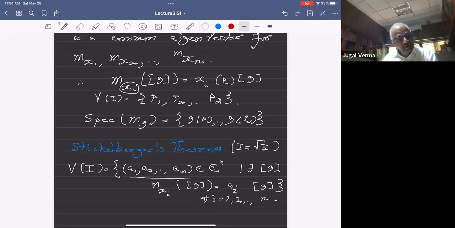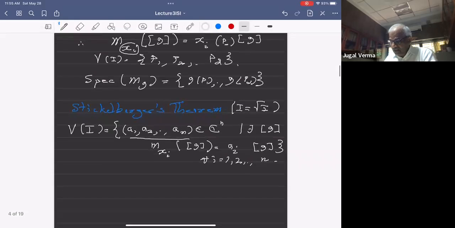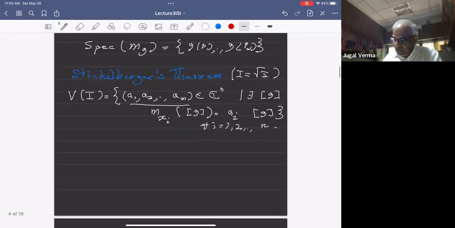If your ideal is not a radical ideal, some solutions will occur with multiplicity, and one can calculate that multiplicity algebraically also. Once I know the solution, one can calculate the multiplicity, how often it appears. All right, so this is an interesting result. Let us try to prove this.